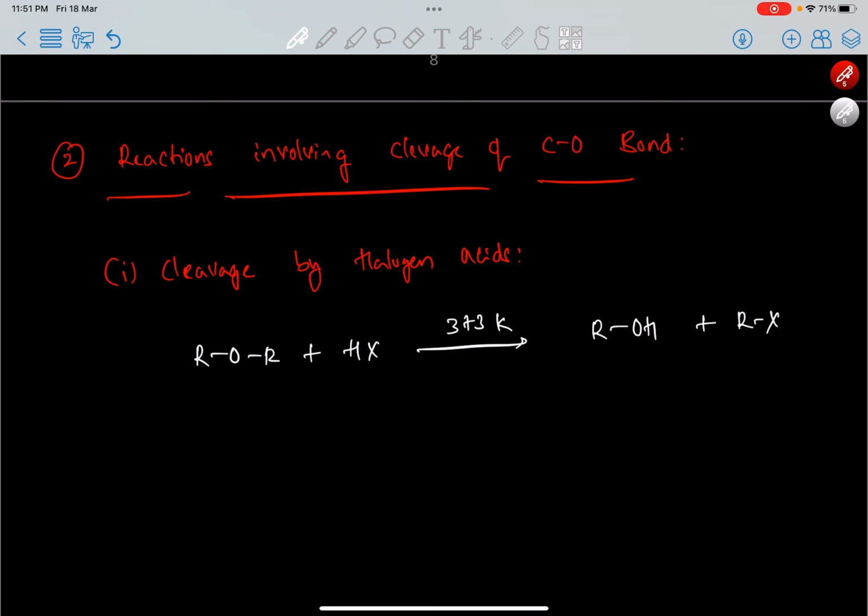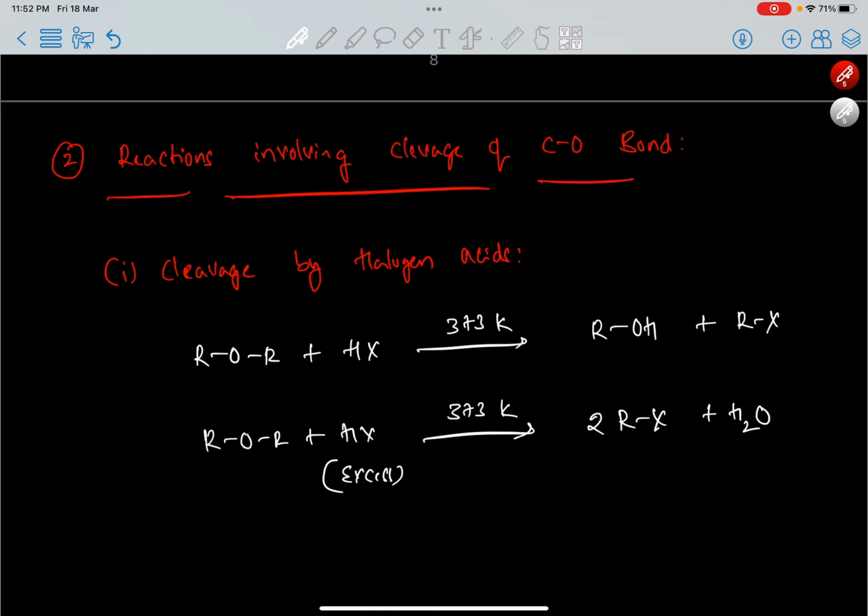So one R forms alcohol, another R forms alkyl halide. Now, if we take halogen acid in excess with the same reaction conditions, then we see the formation of only alkyl halides, no alcohol. Please remember that.